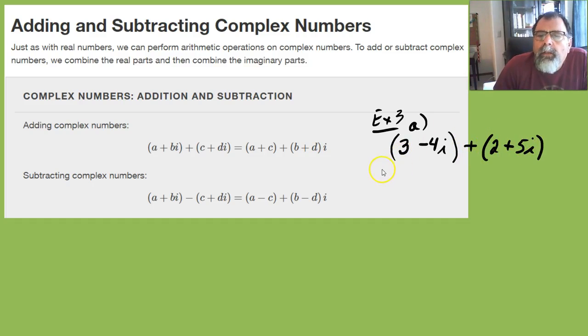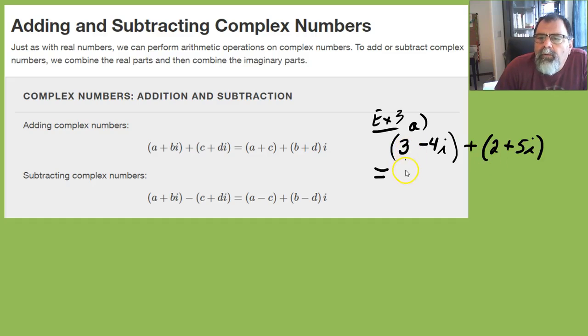What we're going to do, back to what I was saying, a lot of times I'll tell my students to just forget for a moment that i is anything special. Just pretend it was a variable like x. How would you simplify this? You're going to combine like terms. Since it's addition, we can drop these parentheses and rearrange it.